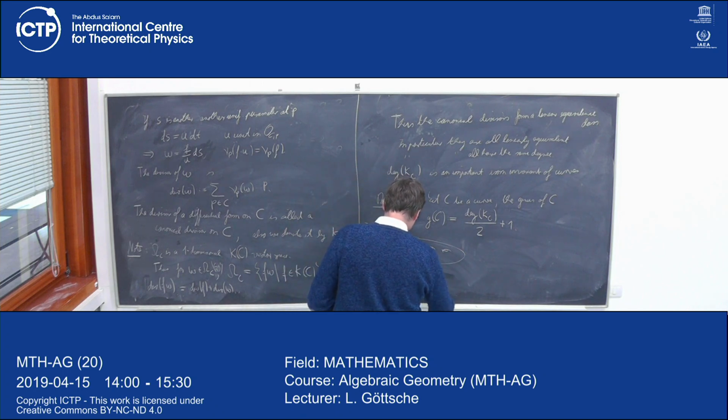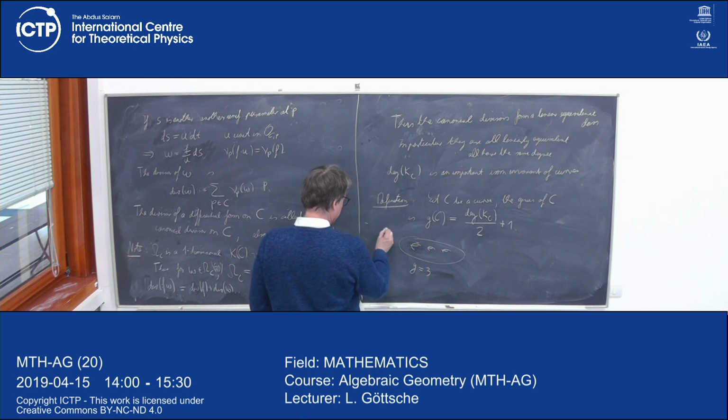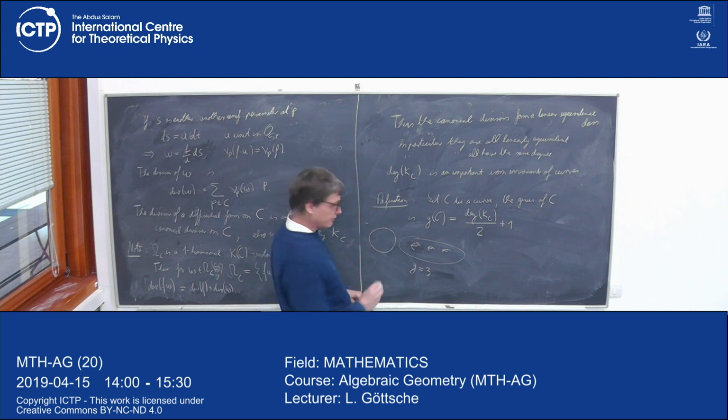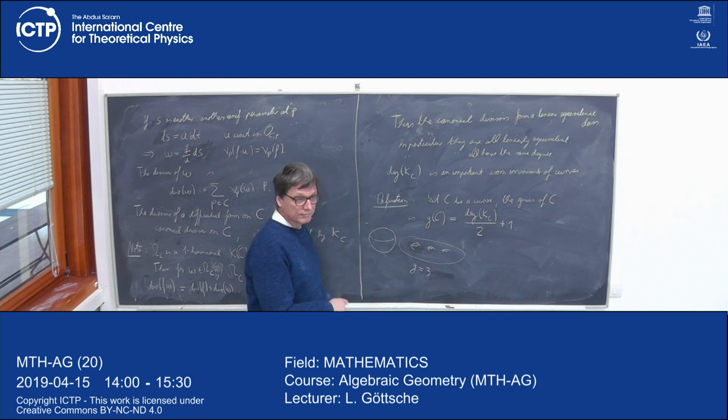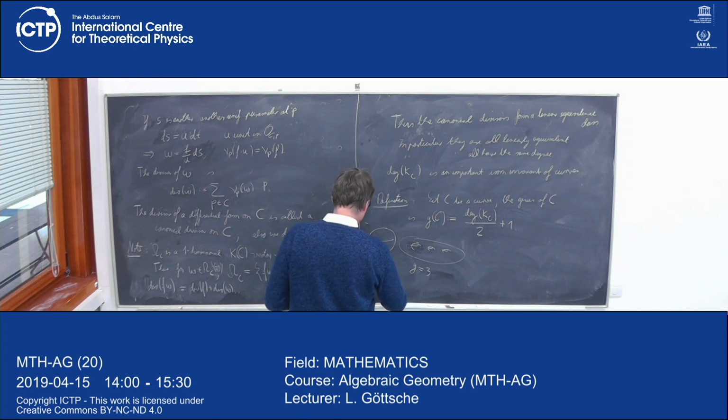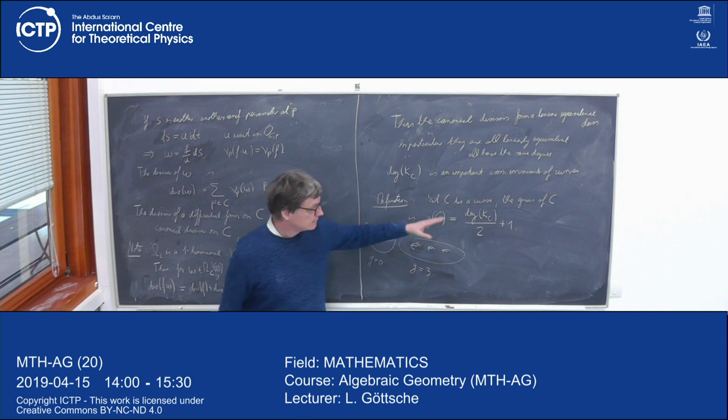So this is, for instance, G equal to 3. If you have P1, it looks like just this 2-sphere, and G is equal to 0. So the genus is this number.